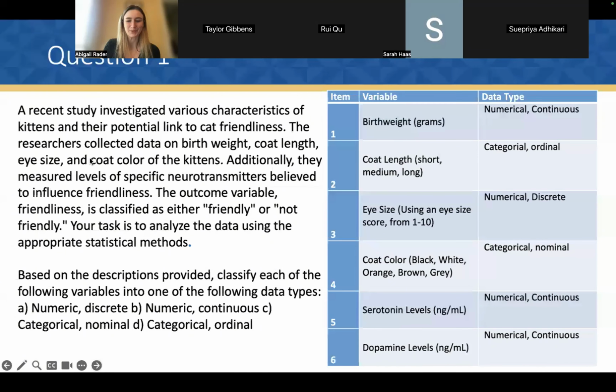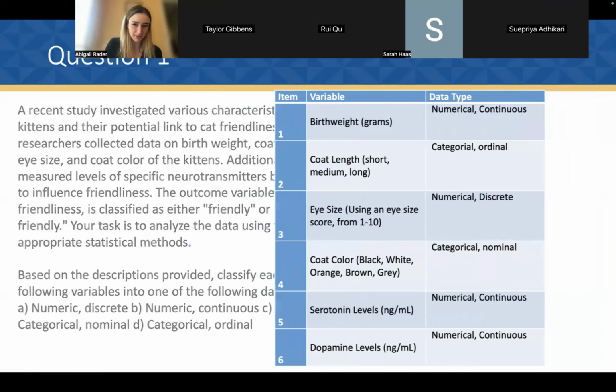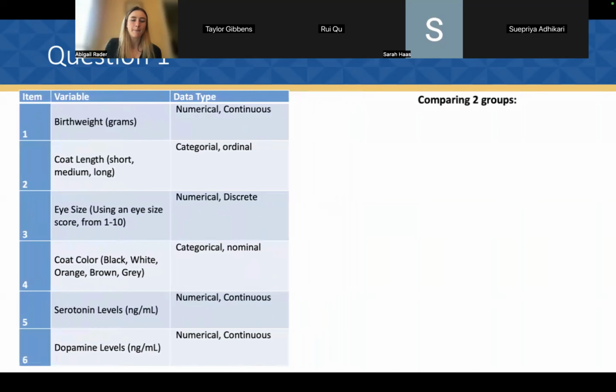Cool. Okay, so now we get into the newer material where we go through what kind of statistical test we want to use with this. The question in the practice test basically asks, what if we have two groups, so two different types of cat breeds, and we want to compare three of these same variables, birth weight, coat length, and serotonin levels, using hypothesis testing.